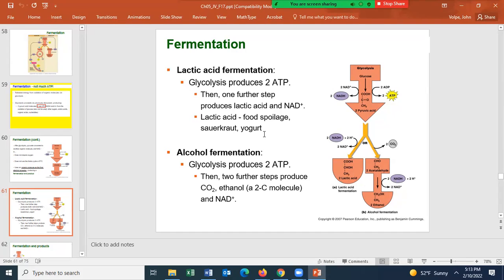And we generate lactic acid from the pyruvate. This is an ingredient that's actually important to prevent food spoilage. We find lactic acid in sauerkraut, in yogurt, in many fermented foods like most cheese, like cheddar cheese, and chocolate.